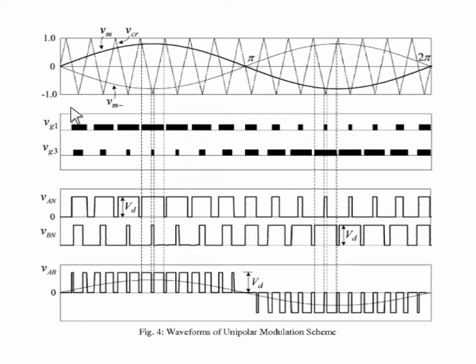At this point the magnitude of the triangular wave is less than the sine wave, so we get pulses for these portions. Similarly for these portions. This portion is 0, this portion is 1, and this portion is 1. So for a complete cycle we get this kind of waveform.